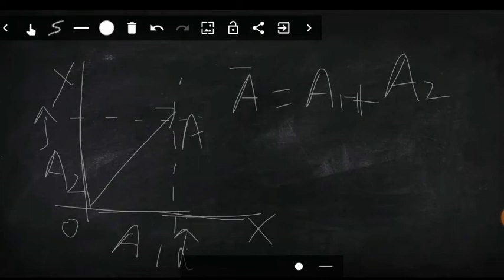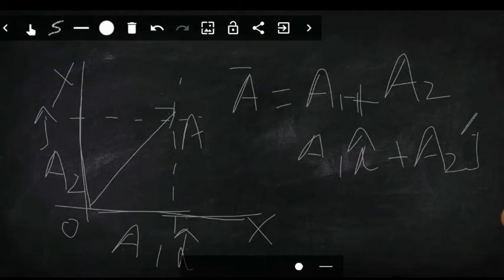Then a1 means a1 i, so a2 is a2 j. So the resultant vector a is expressed in terms of this x component and this y component.